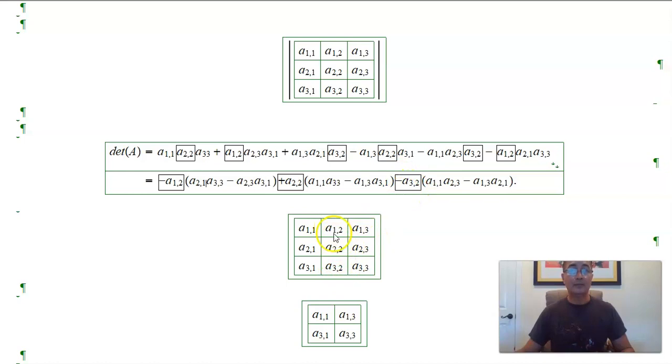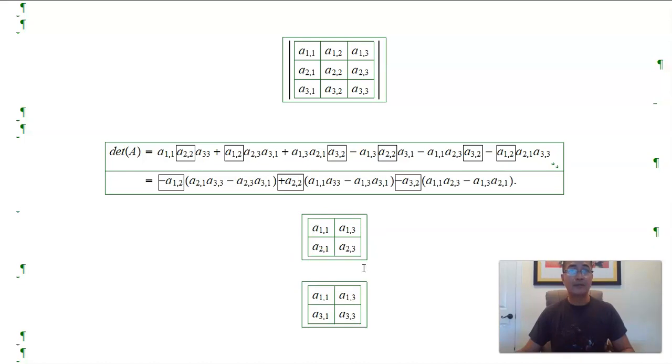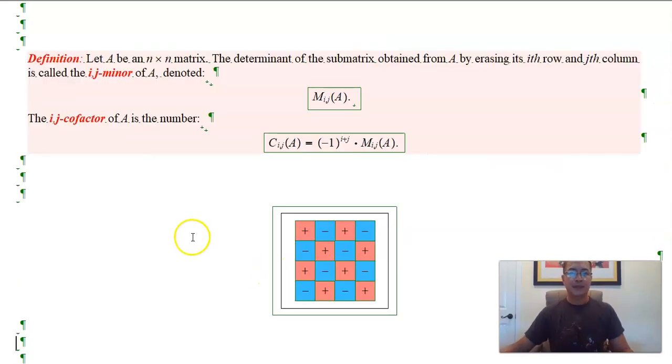A32 again is in column 2. And where is A11, A23, A13, A21? It's these four numbers. A32 is over here. So erase column 2 and then erase row 3. Boom. 1, 1, 2, 3 plus 1, 3, 2, 1 minus. That's the way you do it.